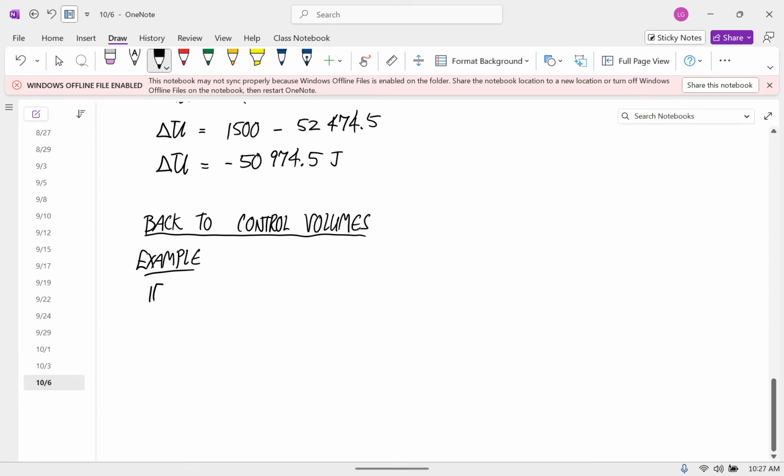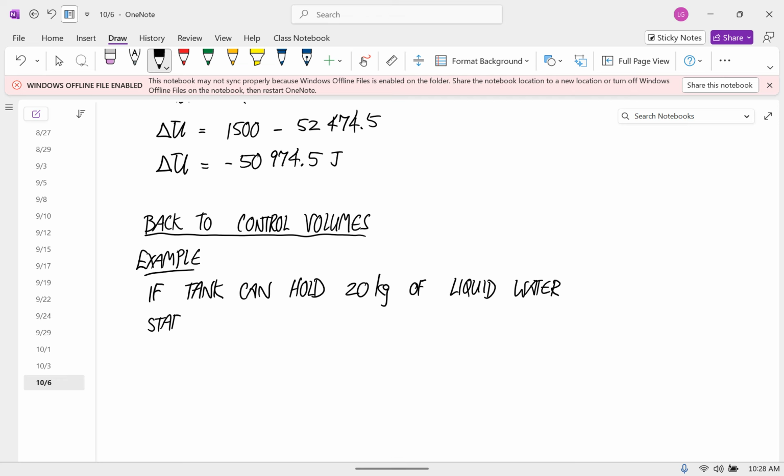Okay, let's say we have a tank that can hold 20 kilograms of liquid water, and it starts with 5 kilograms of water.